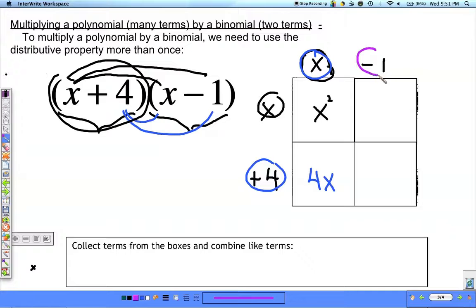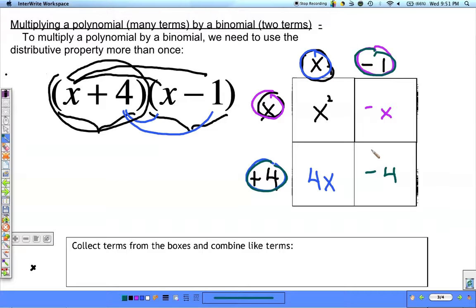So I have the negative 1 and my first x, and that's going to meet up right here, and I have negative x. And then finally, I have my negative 1, and I want to multiply that by the plus 4, and that's going to give me a negative 4.